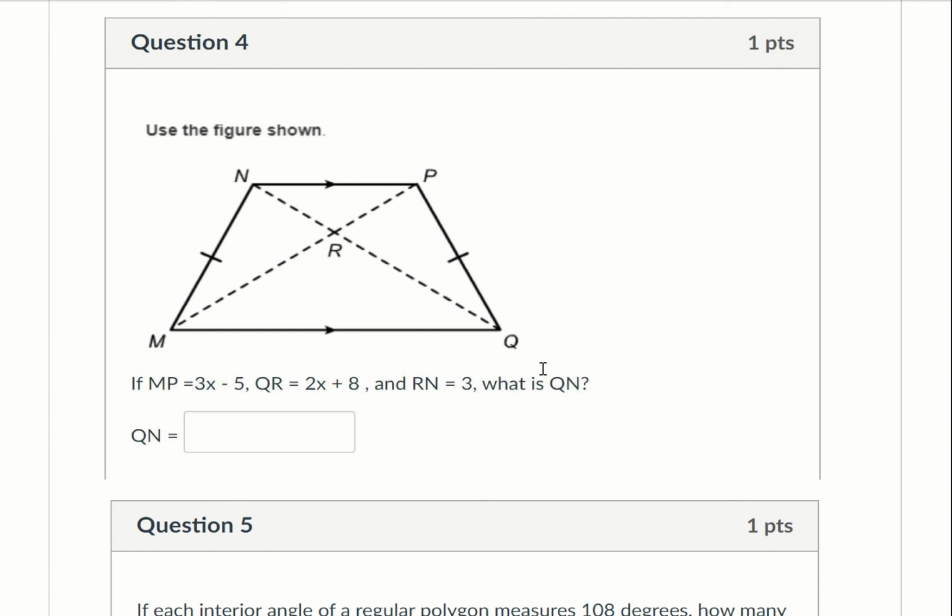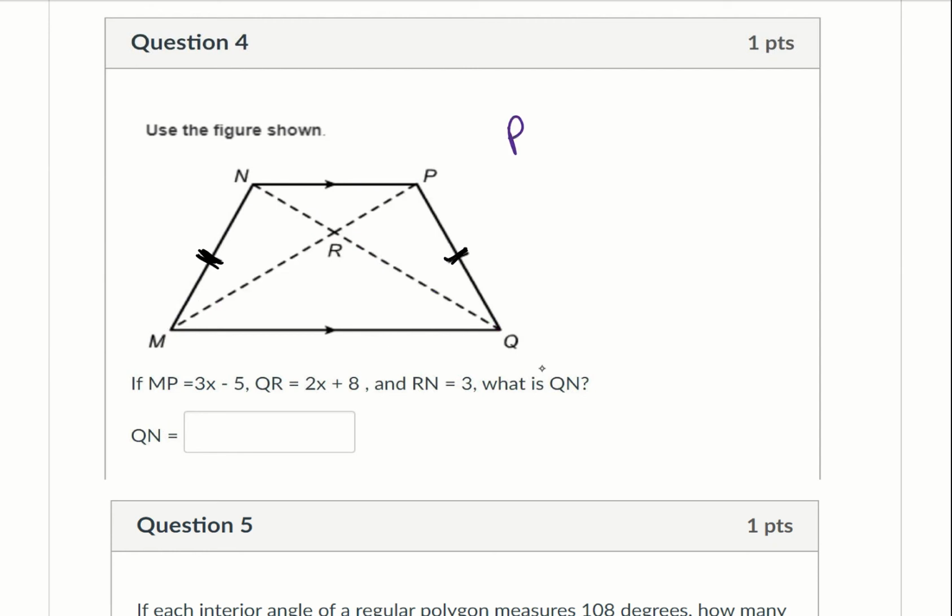So for question 4, we're looking at a trapezoid, an isosceles trapezoid. We know this is isosceles because these two opposite sides are the same. The two non-parallel sides have the same measure. And because it's isosceles, then we know that the distance here from M to P is the same as the distance here from N to Q. That's important to know, that those distances are the same.